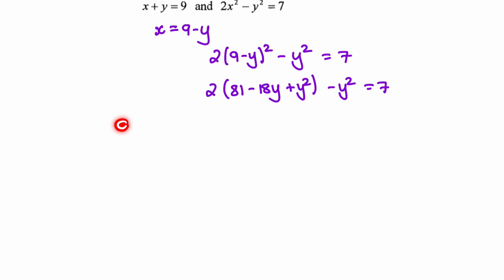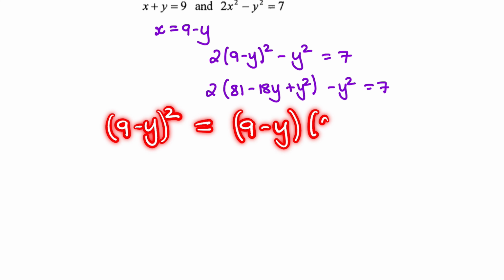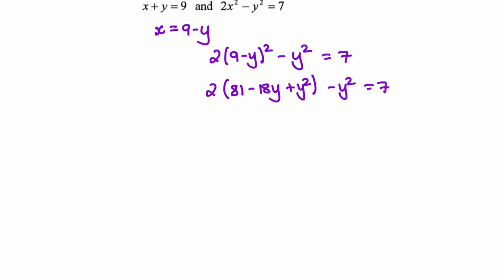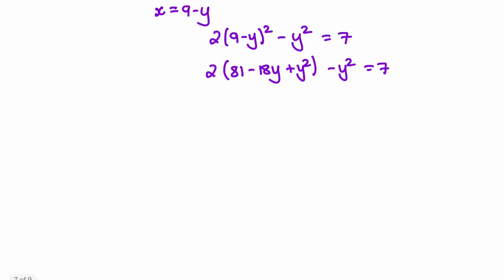So remember, (9 - y)² expands to (9 - y) times (9 - y), and then you need to FOIL properly. Now let me multiply the 2 in. So I'll have 162 - 36y + 2y² - y² = 7.